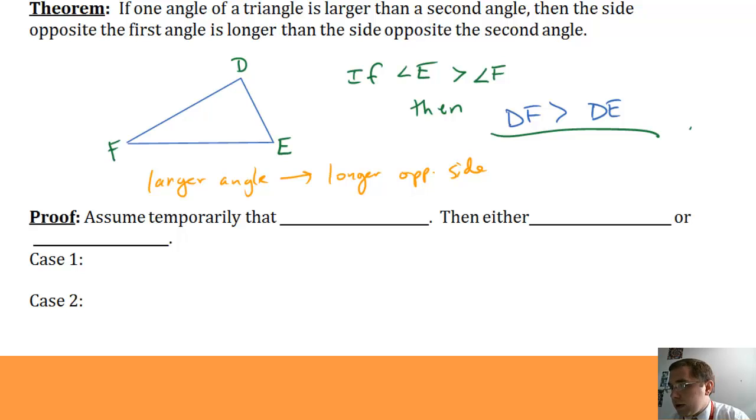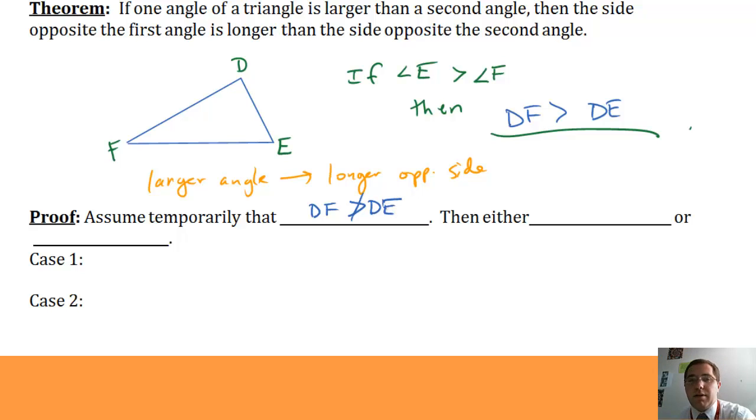So if we want to prove that DF is greater than DE, then we will assume the opposite of that. What's the opposite of DF being greater than DE? Well, let's assume temporarily that DF is not greater than DE.